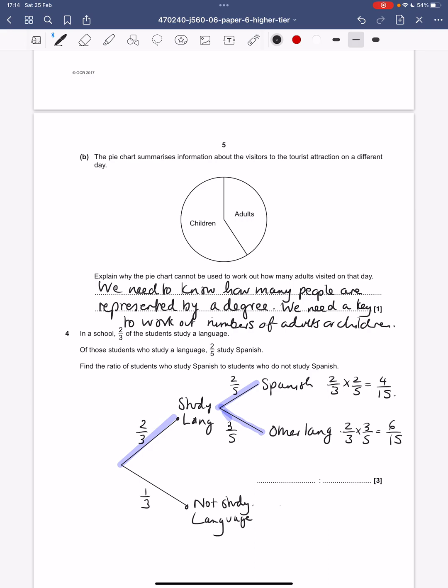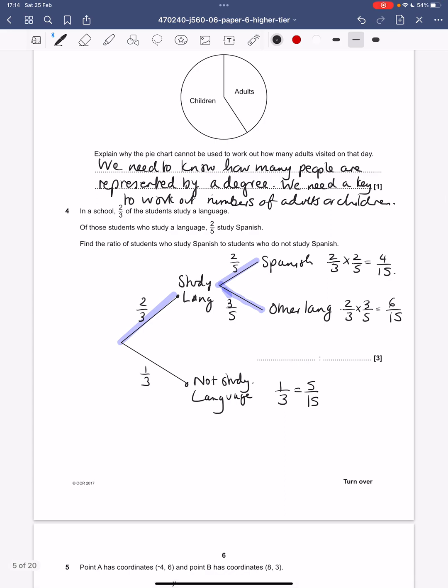And the other one is 1/3 by itself, nothing to multiply with. Turn it into 15ths, 5/15. So we've got 4/15 study Spanish, and everybody else is 5/15 plus 6/15, so it's 11/15. Okay, so the ratio is 4 to 11, because with fractions with a common denominator in a ratio, we can multiply through by that denominator.